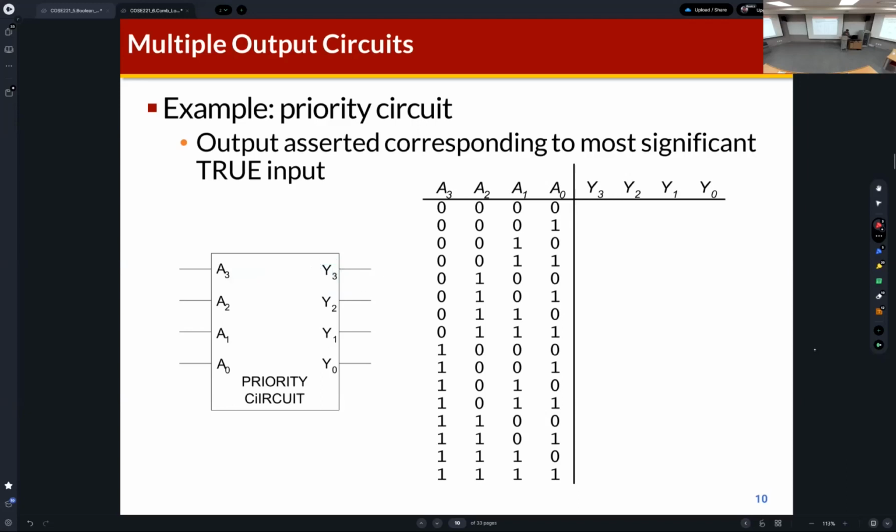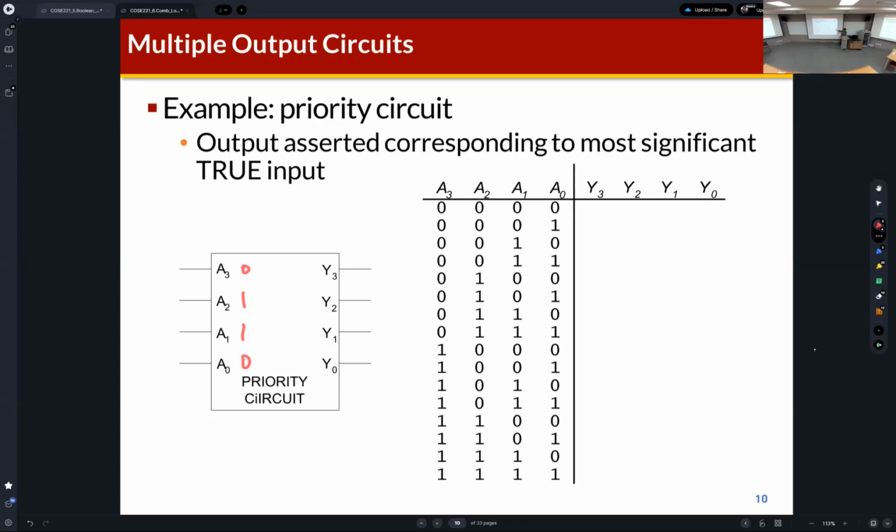what is the output of this priority circuit for inputs 0, 1, 1, 0? This is the left side, and this is the right side, so the MSB and this is the LSB. What is the first one from left to right?